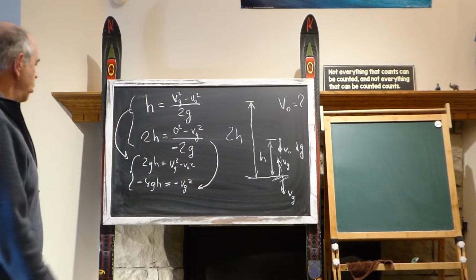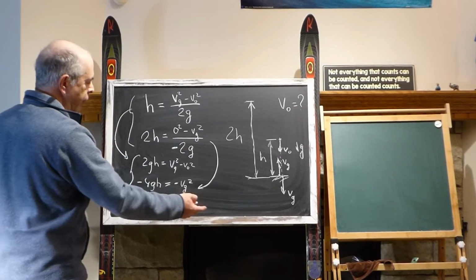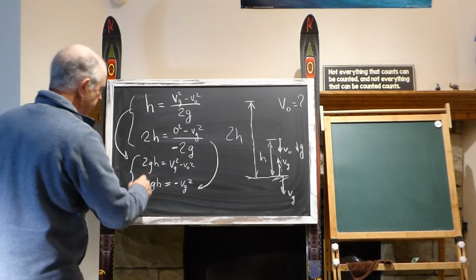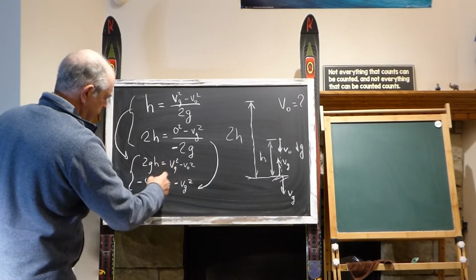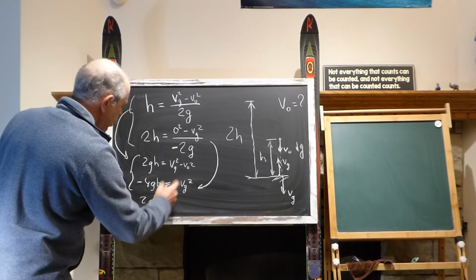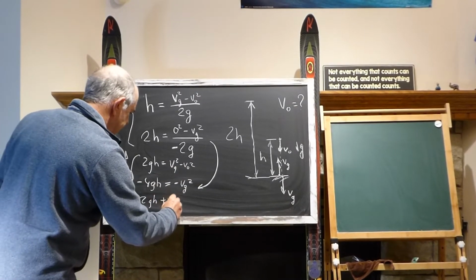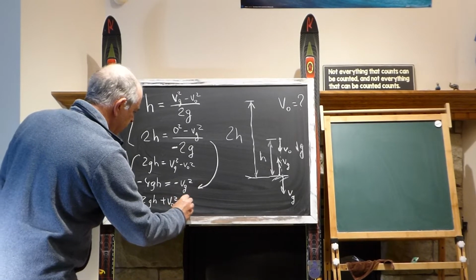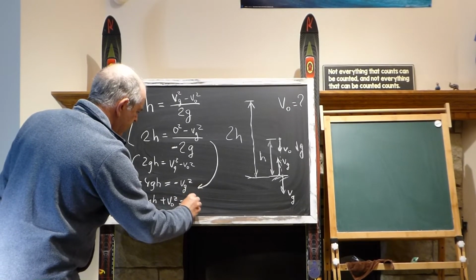Okay, so let's find vg squared from one side and put it into another. For example, here, let's leave it alone. 2gh plus v0 squared equals v ground squared.